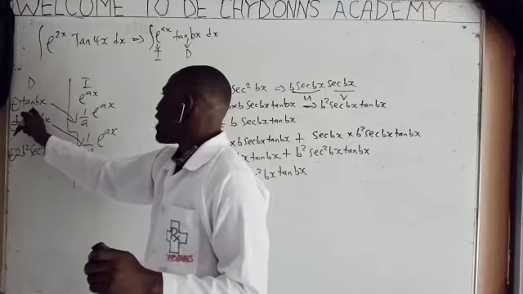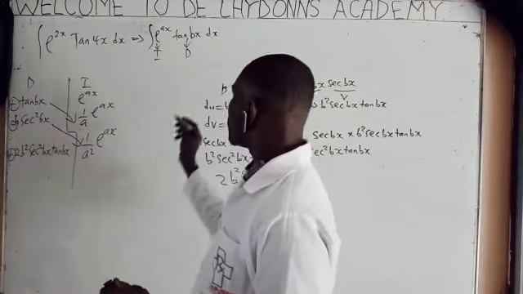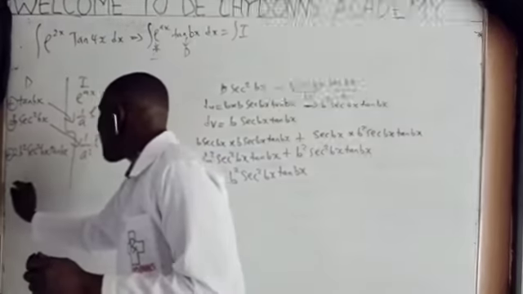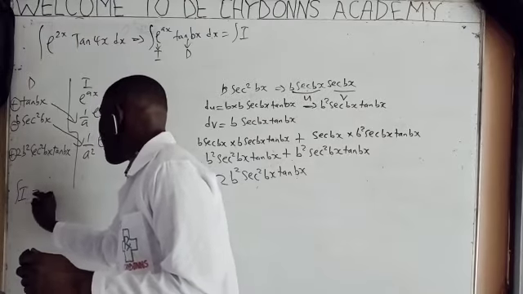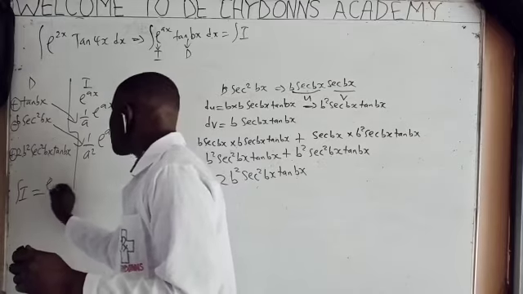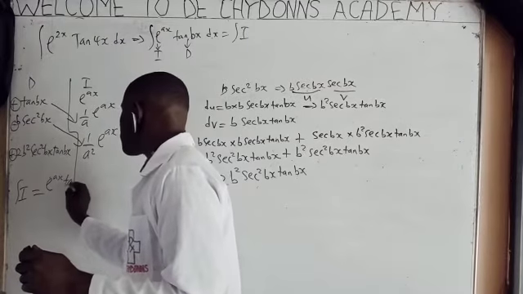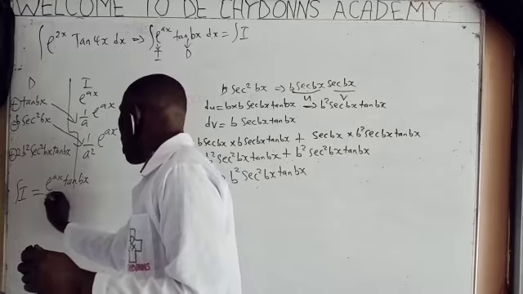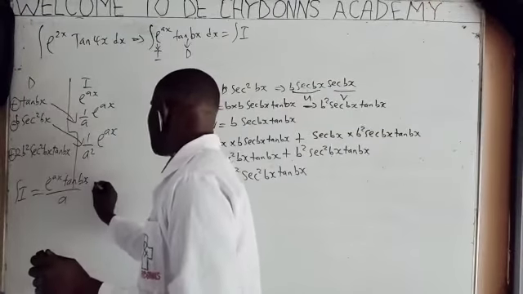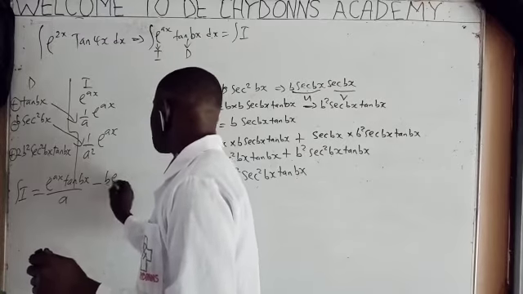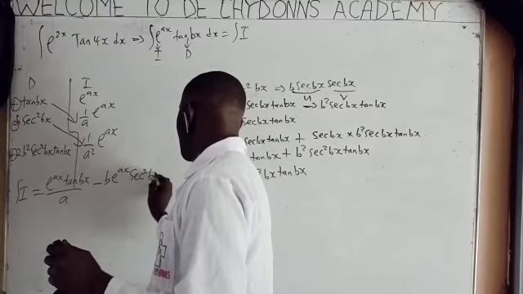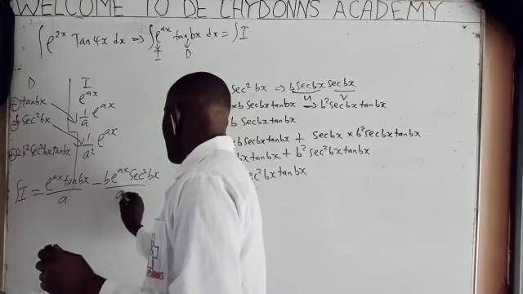This means plus, tan bx times this. So see what we do. We call everything here exponential I. We now say exponential I equals this times this. That will be giving me exponential ax times tan bx all over a. Then this times this, minus b exponential ax sec square bx all over a squared.